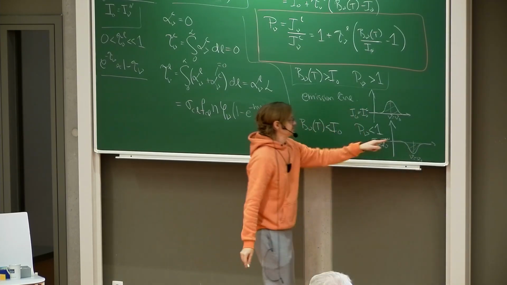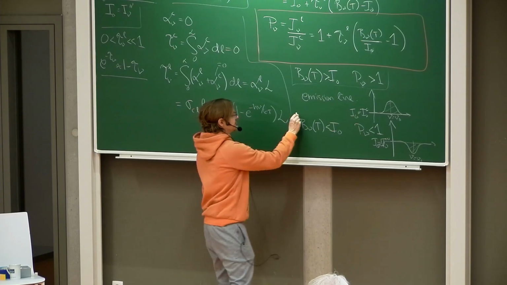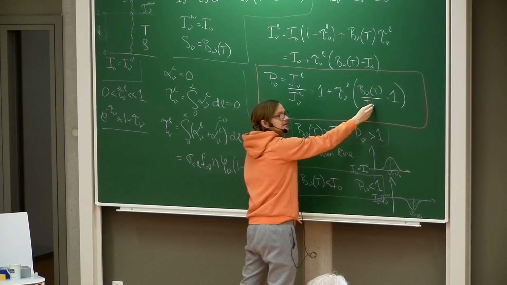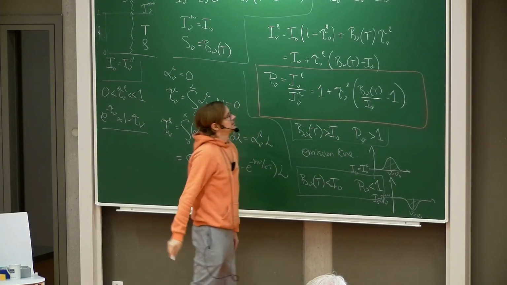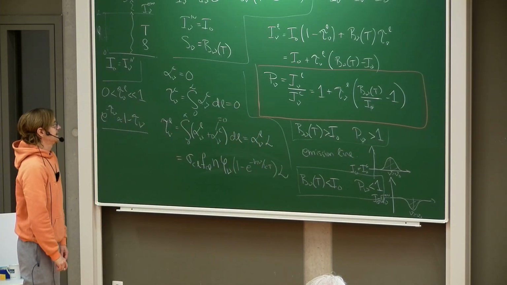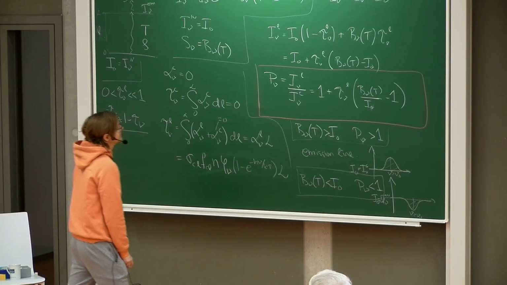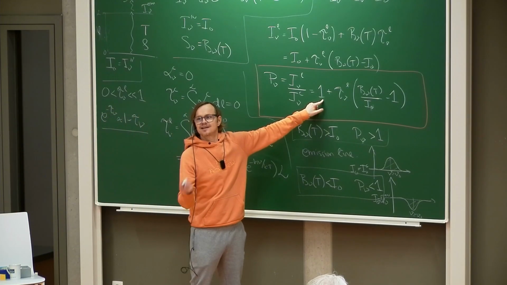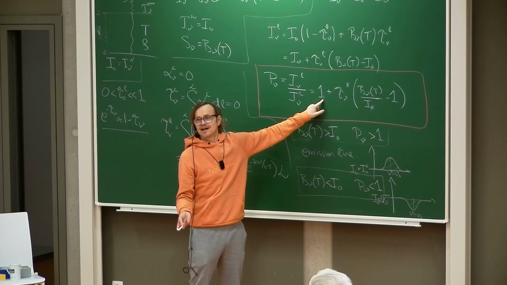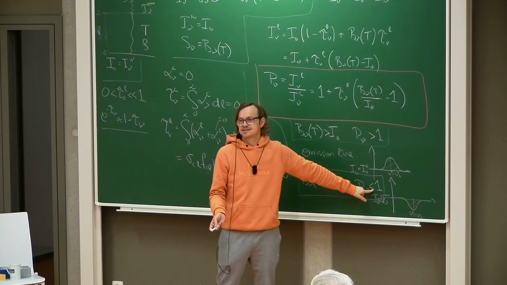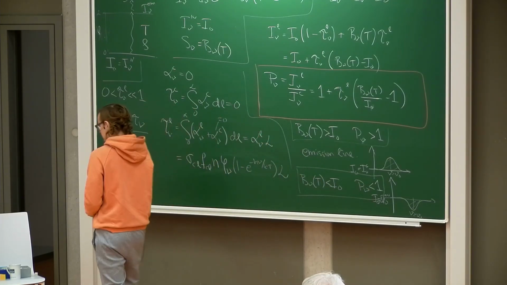Then we have an absorption line, right? Because if this is true, this factor will be negative, meaning that we have to subtract something from unity. If we subtract something from unity, we have a value that is lower than unity. So P nu is going to be less than 1. Right? We have an absorption line.